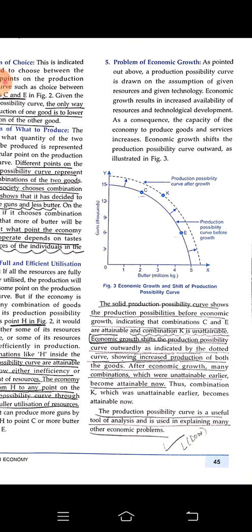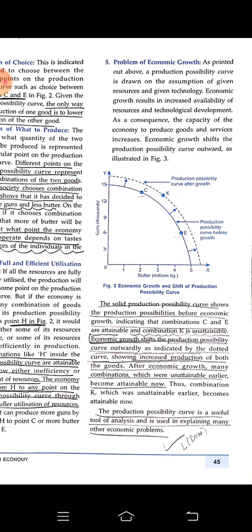So if a country improves its technology, improves its natural resources, and utilizes them much more efficiently, then they can increase the production of both commodities. We took as an example gun and butter.